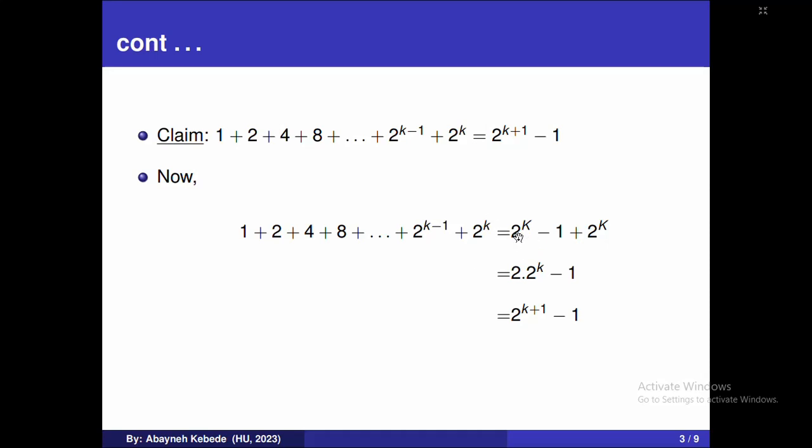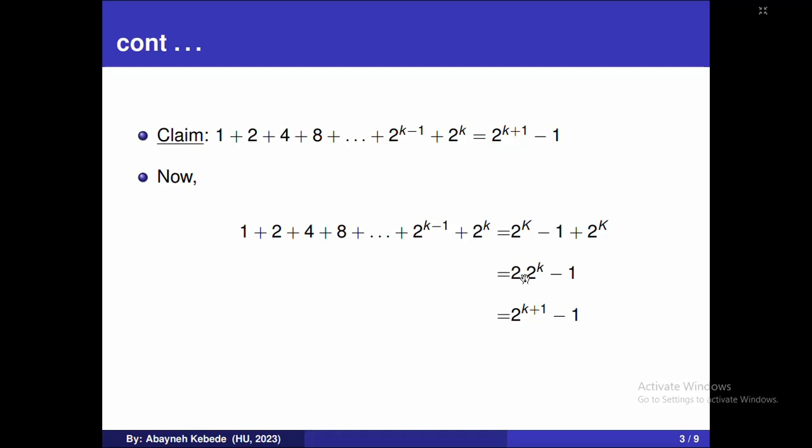So we have 2 raised to k minus 1 plus 2 raised to k. Here we have the same terms: 2 raised to k and 2 raised to k. 2 raised to k plus 2 raised to k is 2 times 2 raised to k, and here we have minus 1.